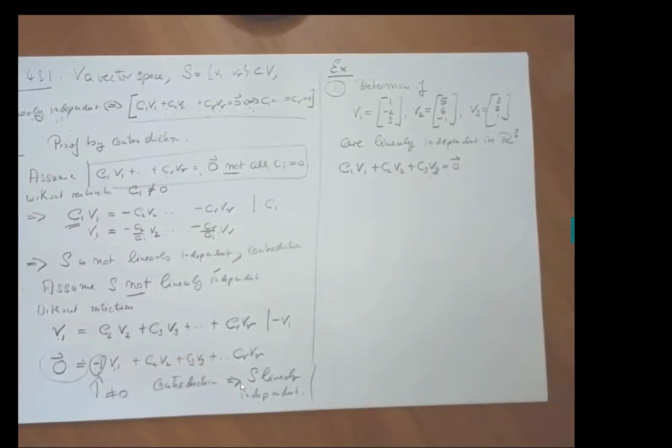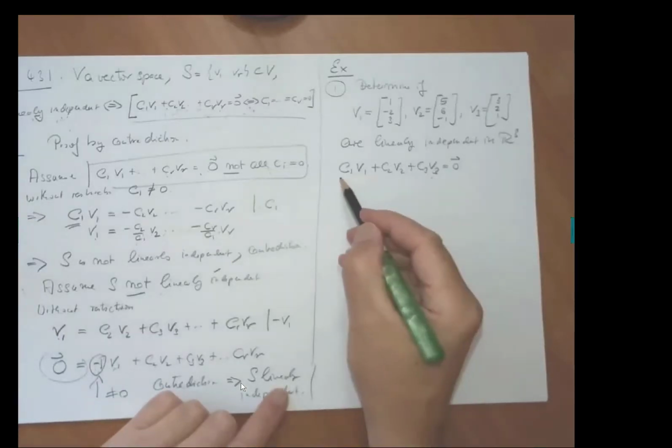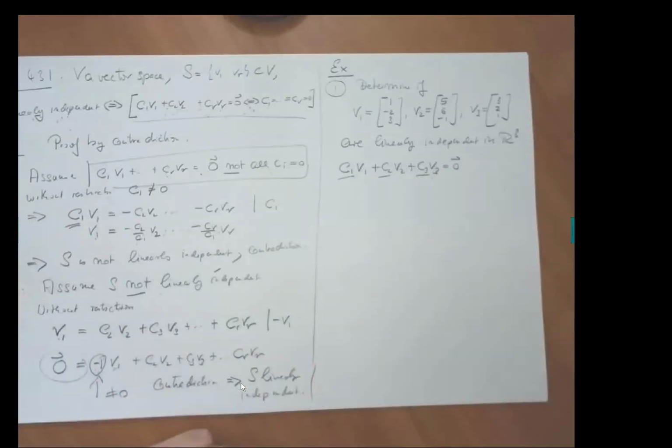If the only possibility is C1, C2, C3 all 0, then they're linearly independent. If there's one non-trivial possibility, which means one of the coefficients is non-zero, then they are linearly dependent. So the question is, what are the solutions for the coefficients?